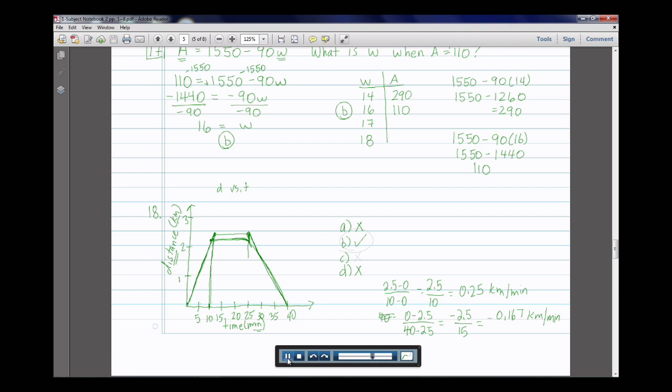Speed doesn't have a sign, but that's for another argument. But you can see that that's not the option. So C is not the option, so B is the right answer.